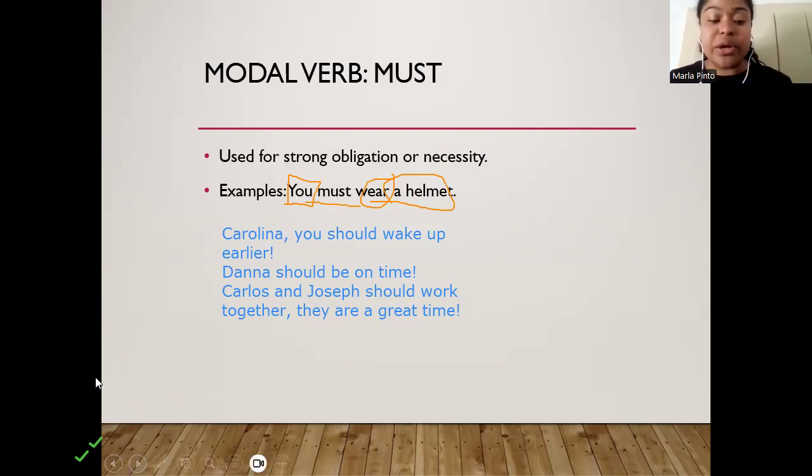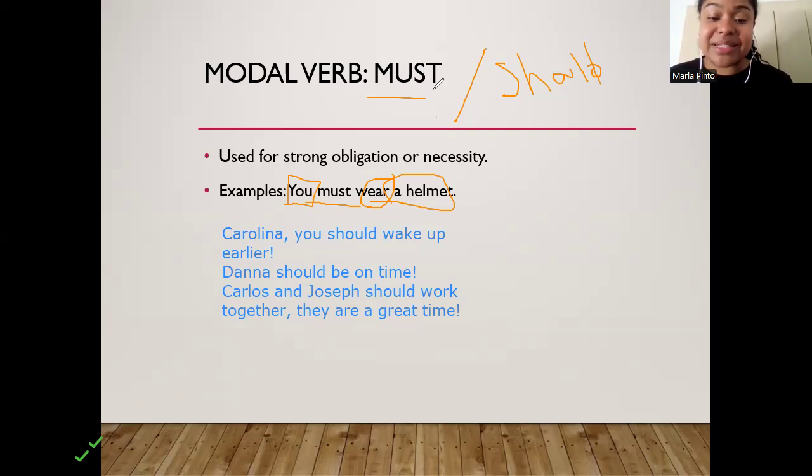Okay, now we got "must." Let's focus on this modal verb, because here is where you are going to realize what the proper way is to use it in the correct moment. Sometimes when we are using "should" and "must," we can be confused about how to use them.